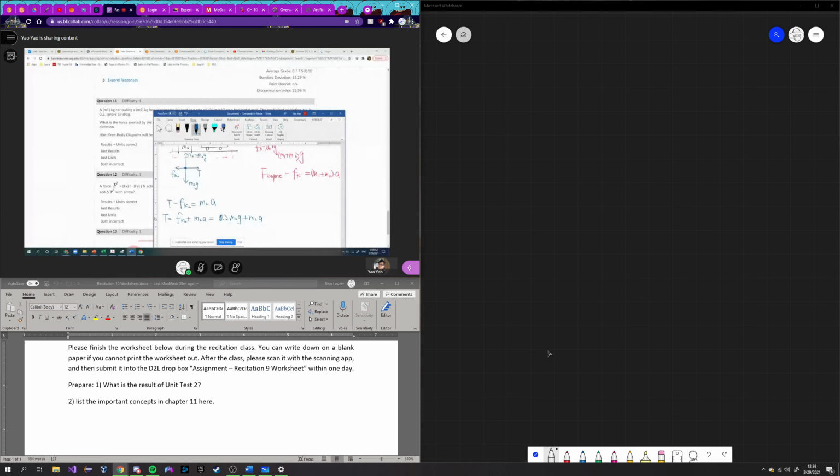Since we already know m2, g which is 9.8, and the acceleration, we don't need anything more. We can already solve for the tension force provided by M1 on M2, and we can already solve this problem.